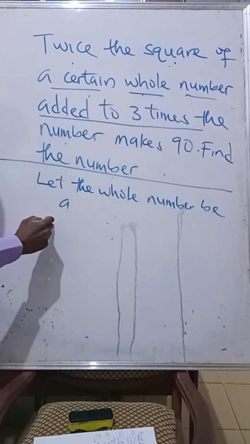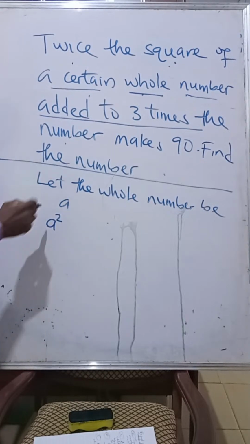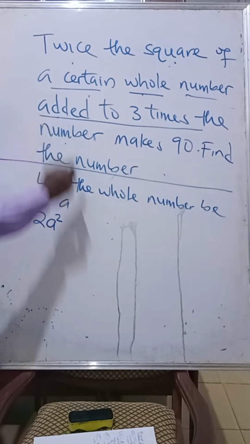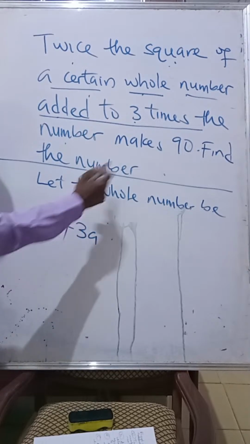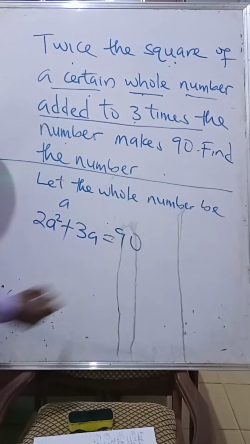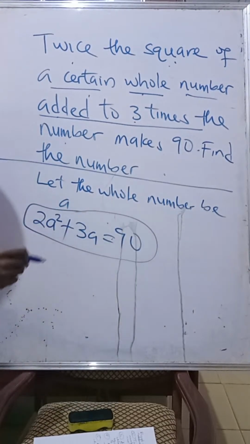Twice the square of that whole number is what? That's the square, twice times 2, added. That's plus 3 times the number, that's 3A. And then it makes 90. So that's the expression for that, which is a quadratic expression.